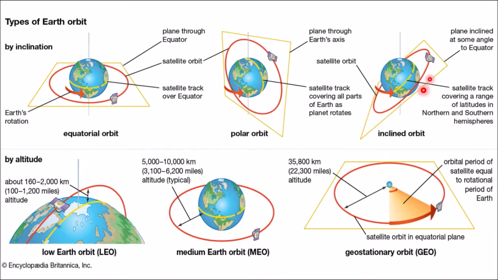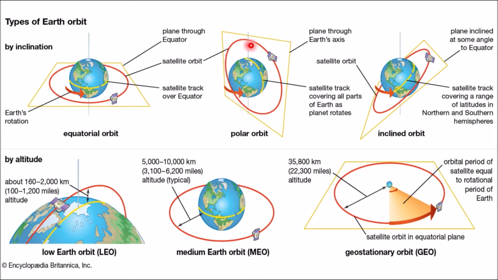Generally speaking, if you want to survey the different types of climates on Earth, then you would try to use a polar orbit, because if you have a look here, you have the North Pole, you go into the northern tropics, and then you go to the southern tropics, and then you go to the South Pole.